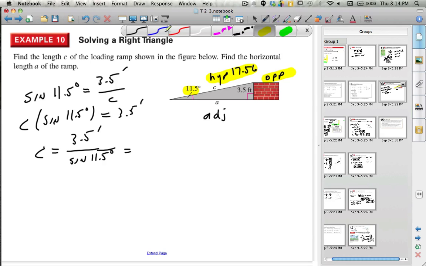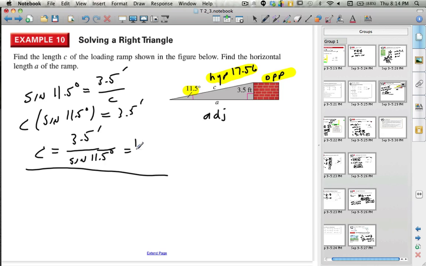Okay, well that's nice. Now it's also very easy to write another equation where I'm going to use the side adjacent and my newfound hypotenuse. So I know that the cosine of 11.5 would be equal to my side adjacent divided by 17.56. Now because I rounded this, maybe I wouldn't want to use that number. It's going to create a certain amount of rounding error.